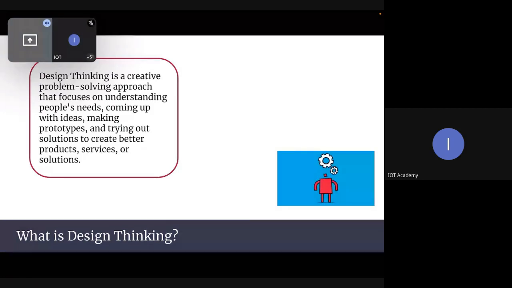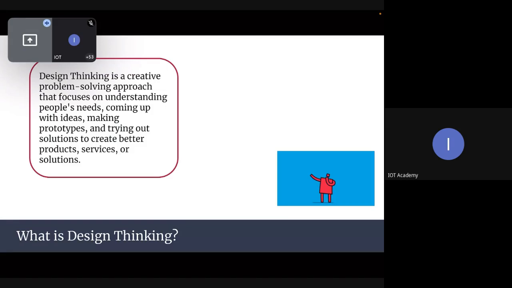I hope this is clear with everyone. What is design thinking? Basically, it is just an approach for you to understand how a problem can be solved in a way that provides viable, practical solutions to the users, and very importantly, keeps the users at the center of the problem. You understand the needs of the users to solve the problem.